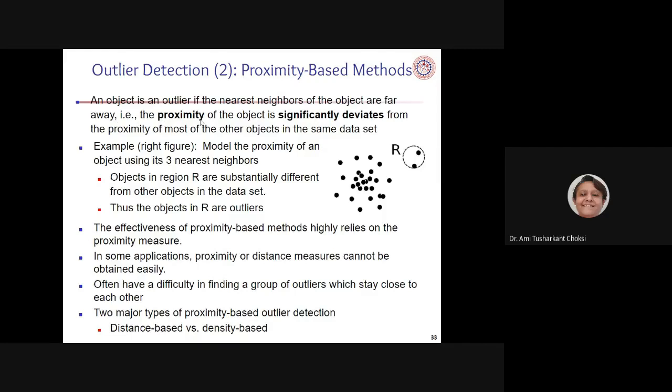That is, the proximity of the object significantly deviates from the proximity of most of the other objects in the same data set.